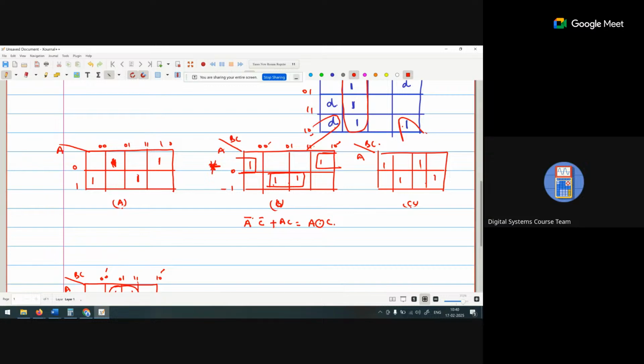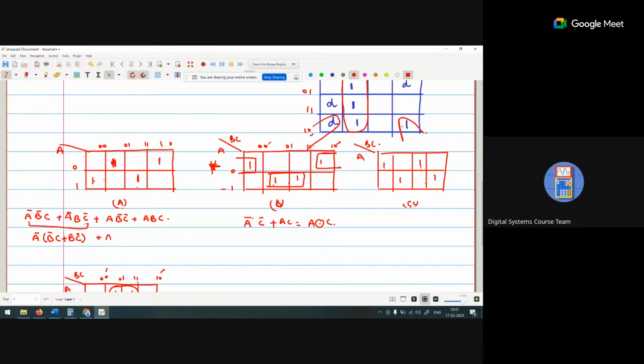Now we go with option A. Can I write an equation for this one? There is no grouping possible, so we have to solve it on our own. So this one is A bar B bar C plus A bar B C bar plus this one A B bar C bar plus this one A B C. Now from these two I take A bar as common, so it becomes A bar (B bar C plus B C bar).